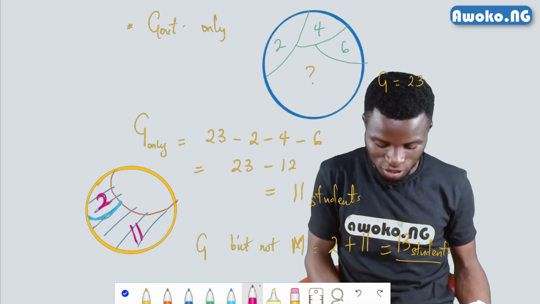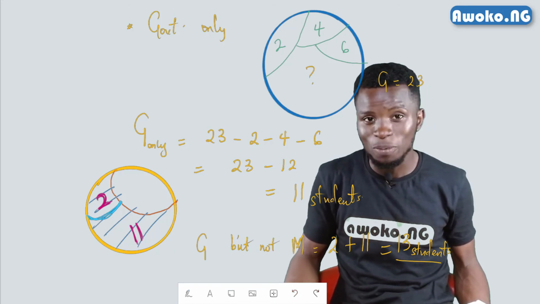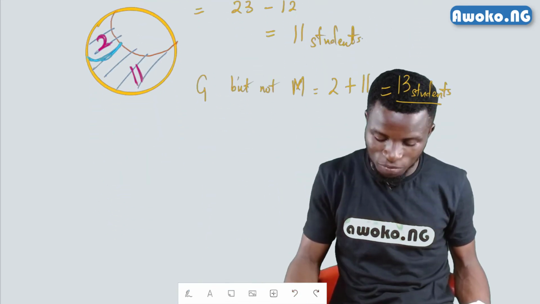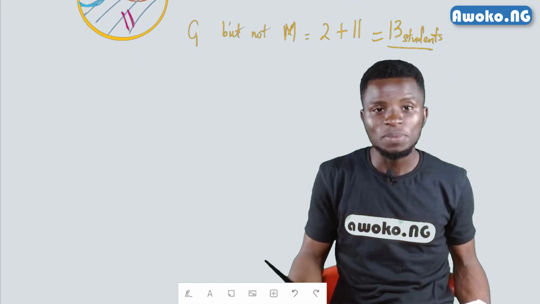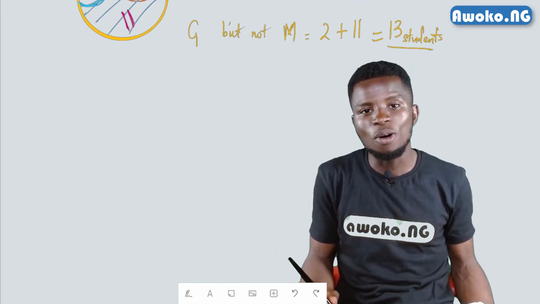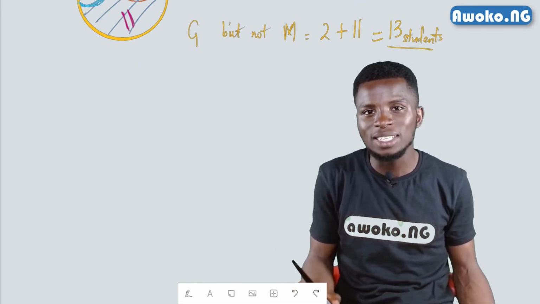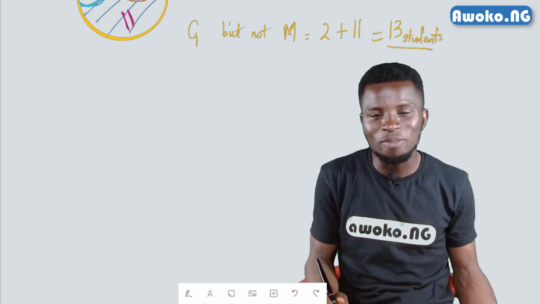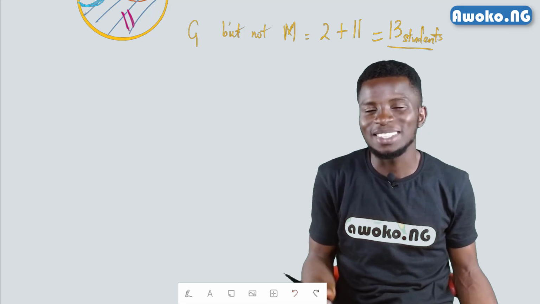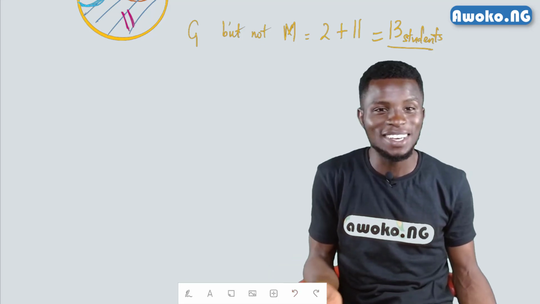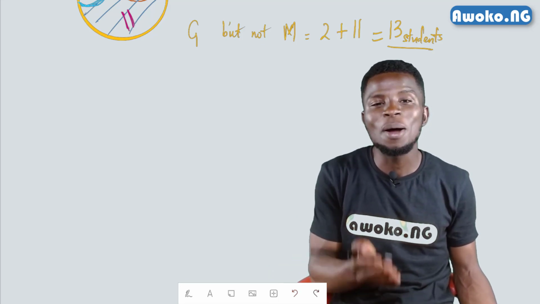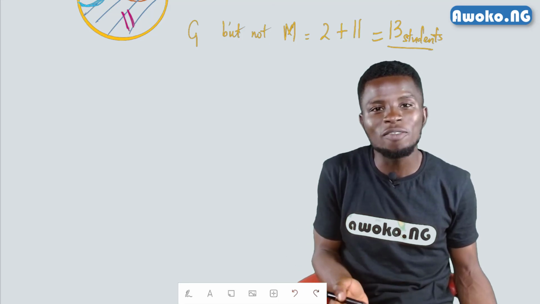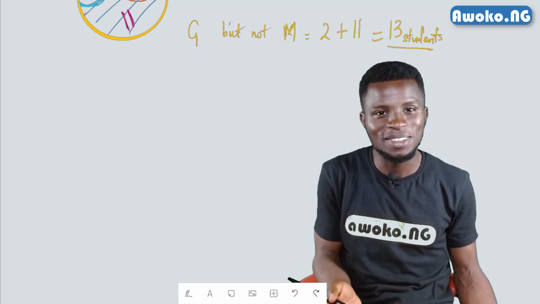And the last question here, before we wrap it up on this lecture, is to find the number of students that offer biology and government, but not mathematics. What this is just asking us to find is the number of students that offer biology and government together alone. Is that okay?